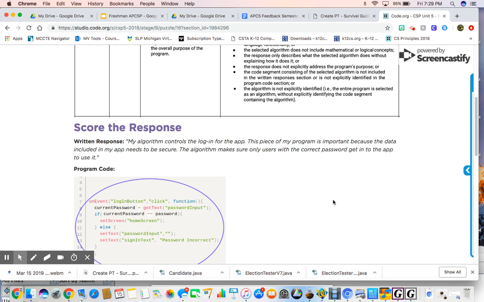So here we have a written response. My algorithm controls the login for the app. This piece of my program is important because the data included in my app needs to be secure. The algorithm makes sure only users with the correct passwords get in the app to use it.